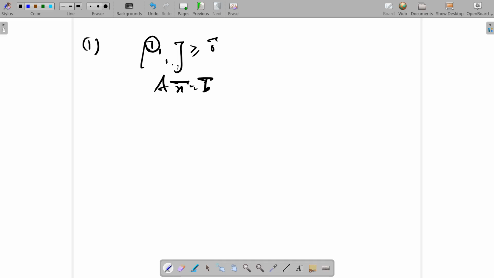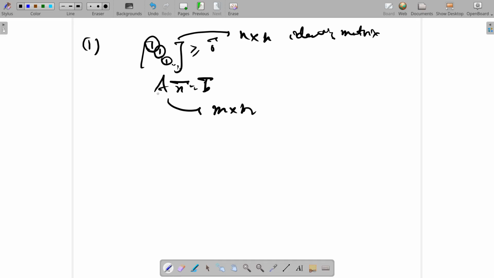This will refer to x1 being bigger than or equal to 0. This will be like x2 bigger than or equal to 0, and so on. So this will be an n by n identity matrix, and this is m by n, right? And m is less than or equal to n because we have been assuming A is full rank.